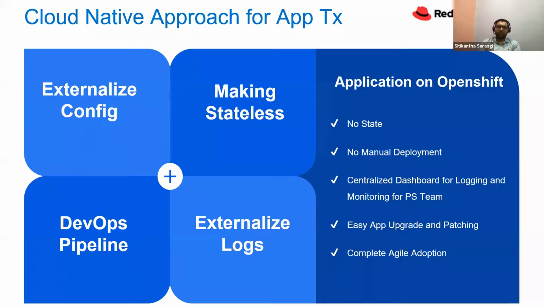So from your developer's local laptop, he can push the application code to the repository, and from there you can build up the pipeline so that your application code will be automatically compiled, and the container image will be automatically built and stored in the registry, from where OpenShift can pull the application and deploy it on OpenShift automatically, right?